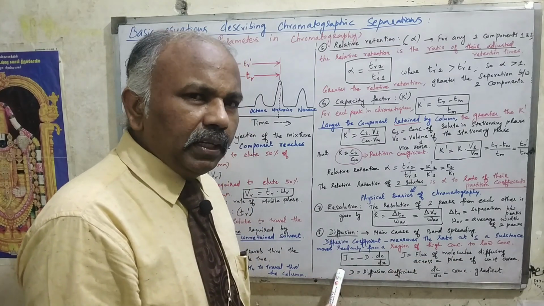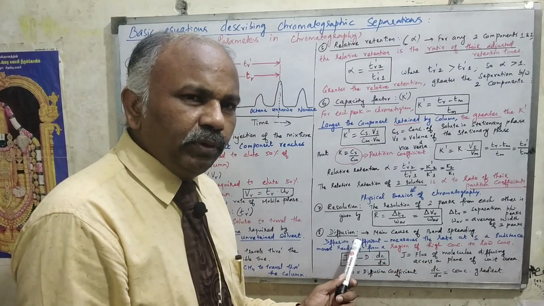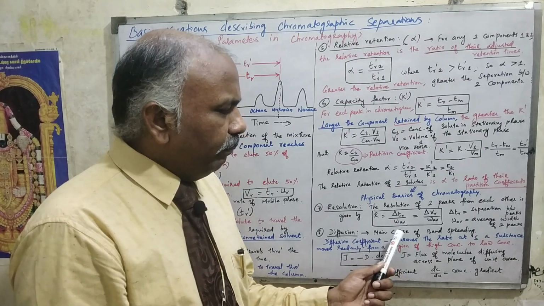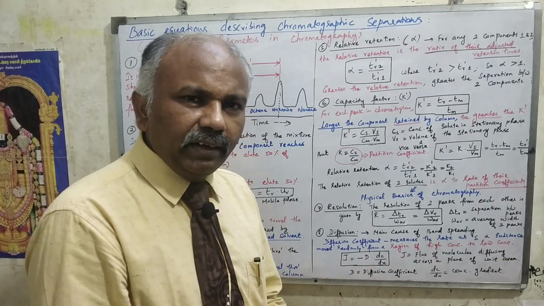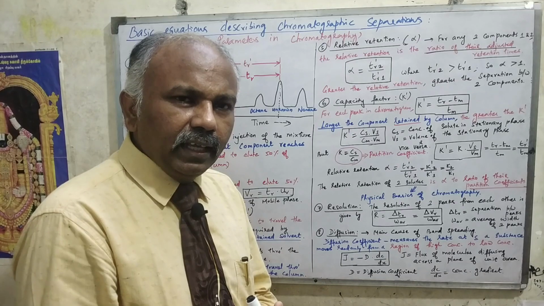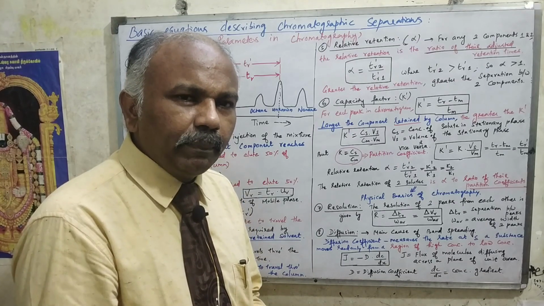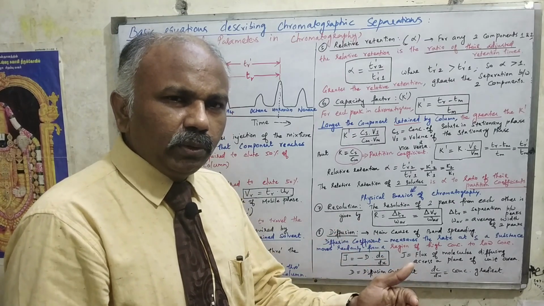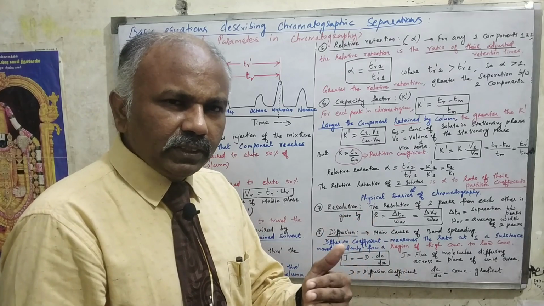Then the another important factor we are going to discuss is diffusion. Diffusion is the main cause of band spreading. As I already told, in chromatography we are getting the bands or zones getting separated when separating different components from the mixture.